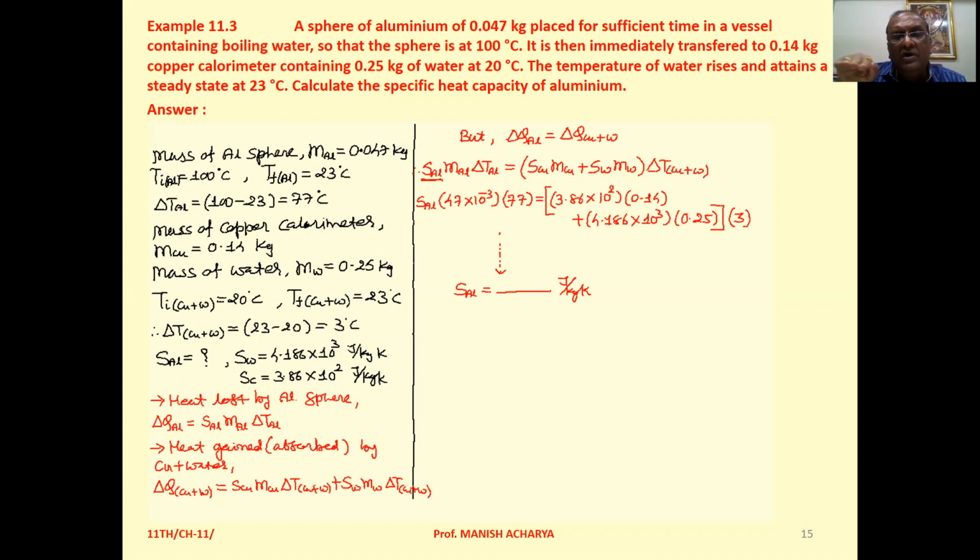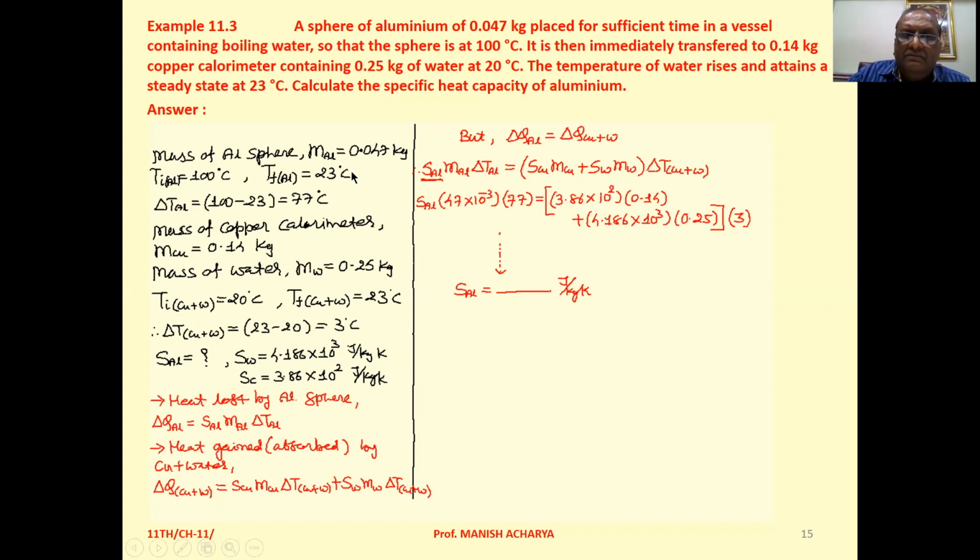When all the constituents of the system are at 23 degrees Celsius, meaning all are at the same temperature, then we can say the steady state is attained. Then after there will be no exchange of heat.